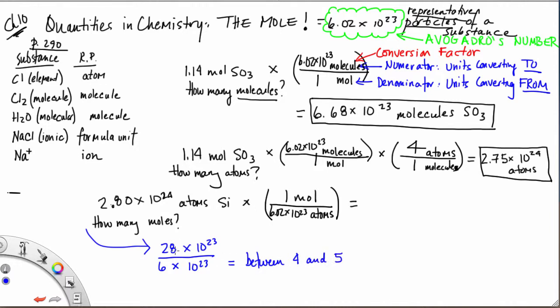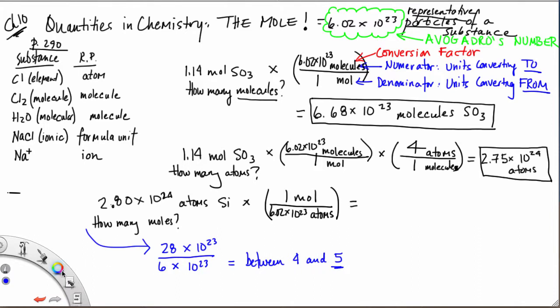And since 28 is closer to 30, it's going to be closer to the number 5 than the number 4. So we should get something like that as our multiplier of our answer.